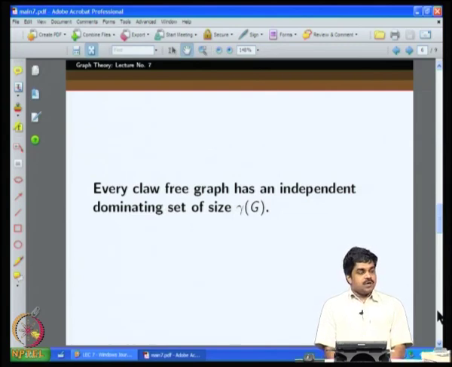Of course, if you are asking for independent dominating sets, even the minimum has to be of cardinality at least gamma of G. There is no guarantee that in the general case you may get an independent dominating set whose cardinality is gamma of G. But if you take the class of graphs called claw-free graphs, then you will always get an independent set which is also a dominating set such that its cardinality is equal to gamma of G, the cardinality of the minimum dominating set.